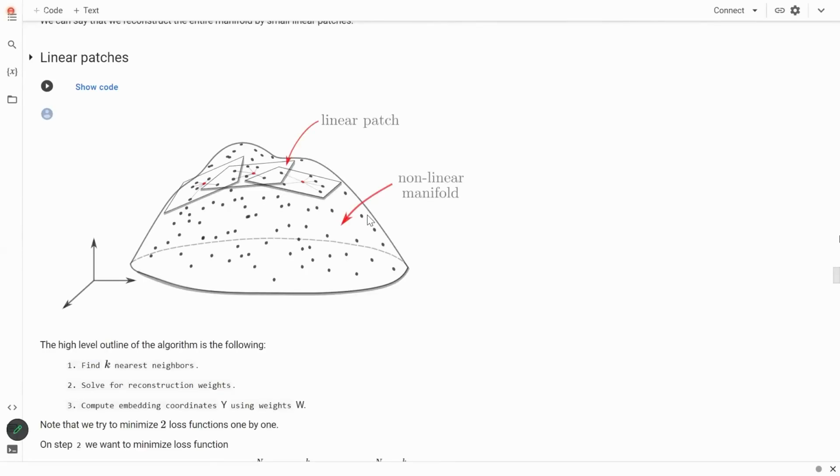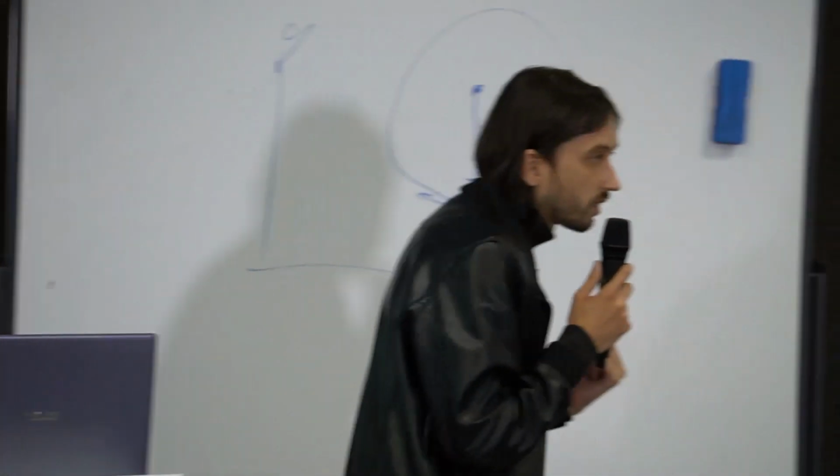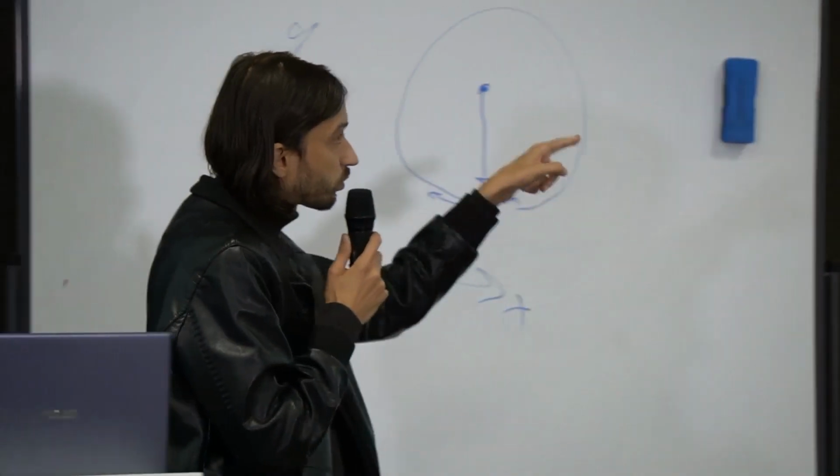Here you see small patches. We find around each point of the data set its closest k nearest neighbors. We just find them. We solve for the so-called reconstruction weights. So we say that this point that we are interested in, we want to express it as an affine combination of the points that are sitting around.